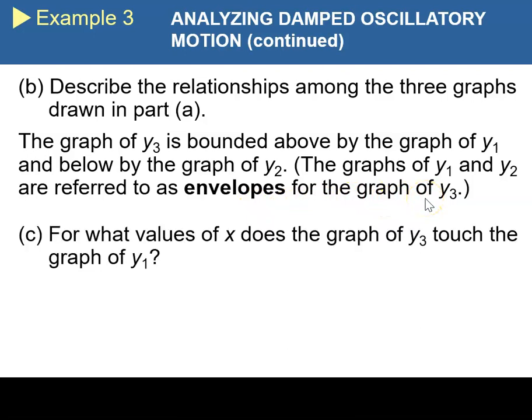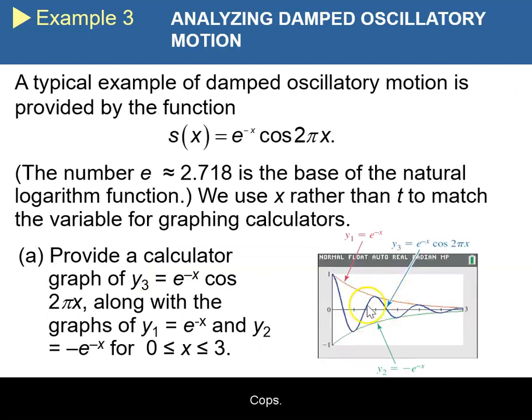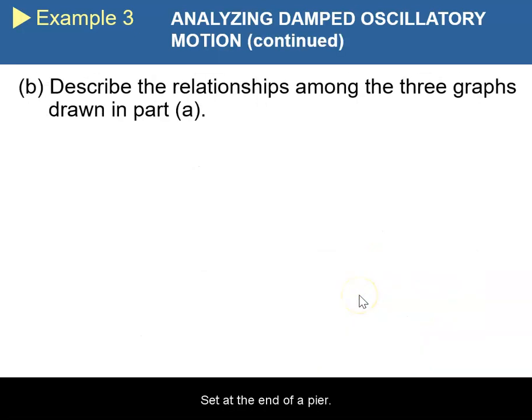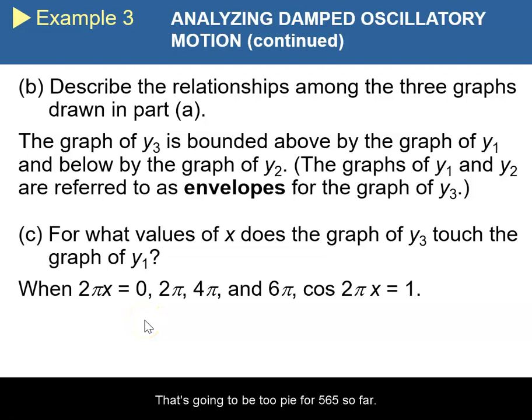Okay. So for what values of x does the graph of y3 touch the graph of y1? So it happens at the tops of all of the oscillations. Okay. So if you notice, it's at the end of a period. So that's when 2 pi x equals 0, 2 pi, 4 pi, 6 pi, and so forth.